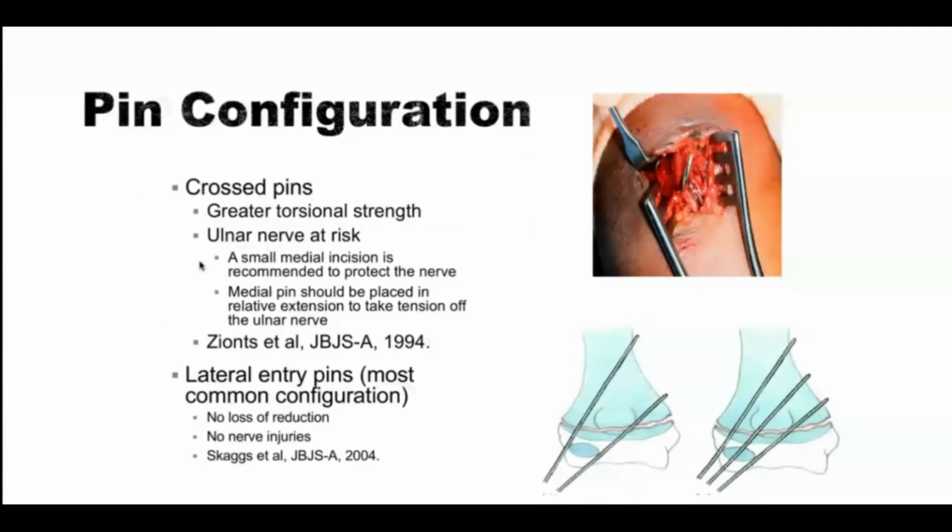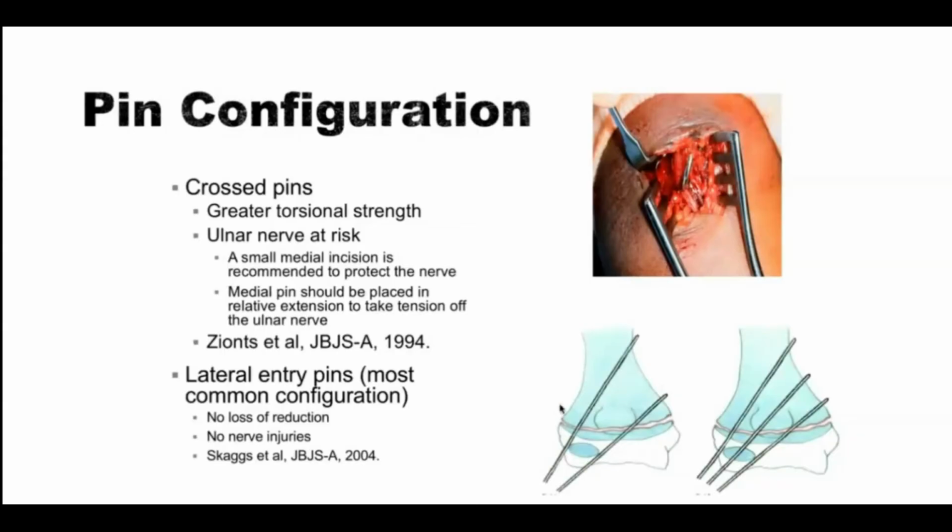In terms of pin configuration, most people do a lateral pin configuration because it provides enough stability. It is not as strong as doing cross pins. So at least for me, I would always do the lateral pins first. And if there's some residual instability, then I would put in a medial pin, but that's really probably only a couple times a year.